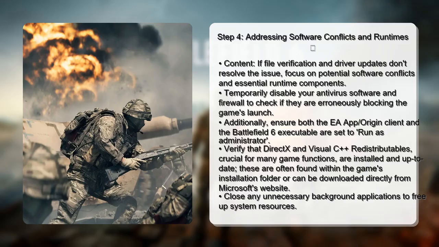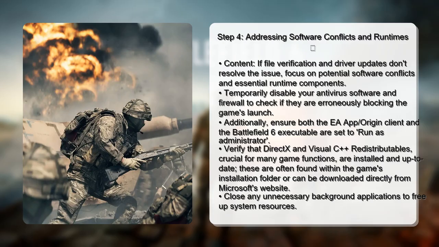Step four: addressing software conflicts and runtimes. If file verification and driver updates don't resolve the issue, focus on potential software conflicts and essential runtime components. Temporarily disable your antivirus software and firewall to check if they are erroneously blocking the game's launch.